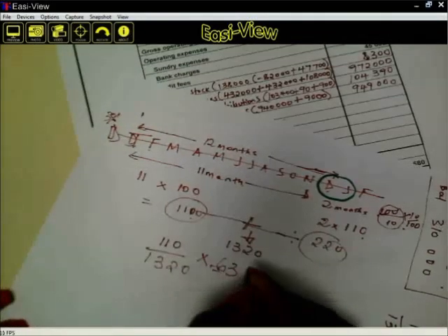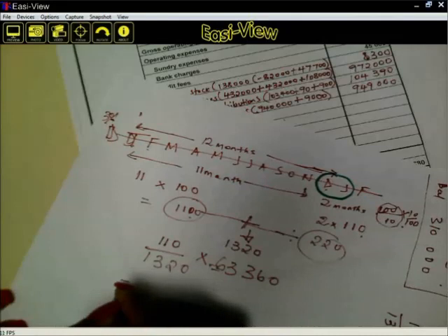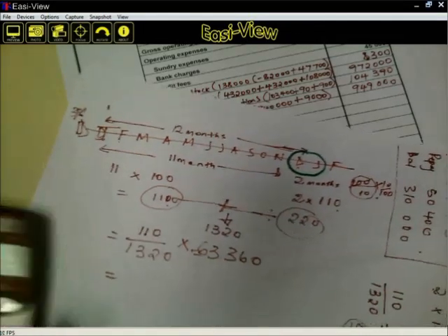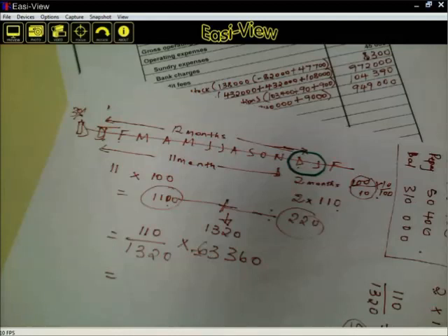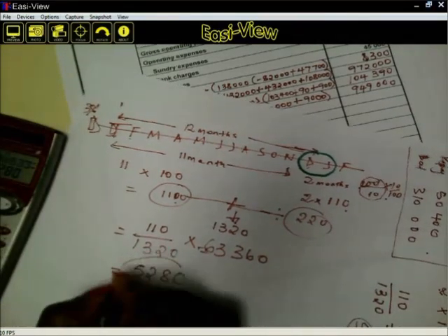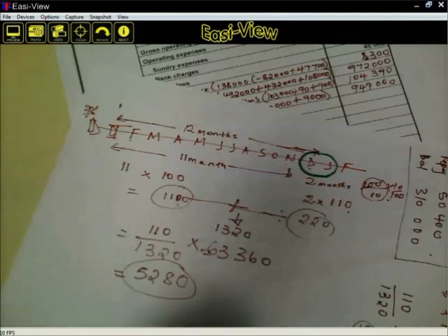Then we say 110 divide by 1,320 multiply by 63,360. Then we will be having 5,280 as the amount that must be subtracted. That is the rent for January.